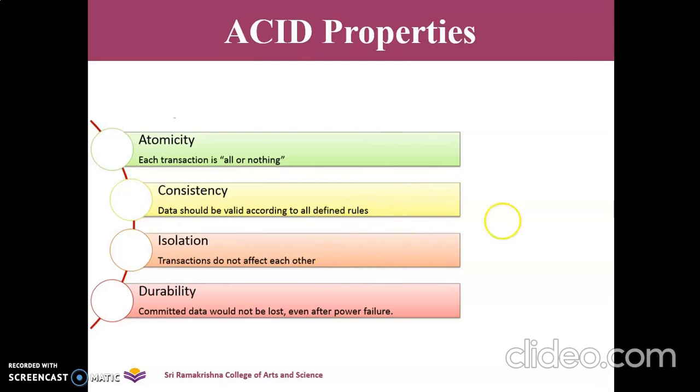Isolation makes sure transactions do not affect each other. And finally, durability ensures the committed data is not lost even after system failure. So these are all the ACID properties.